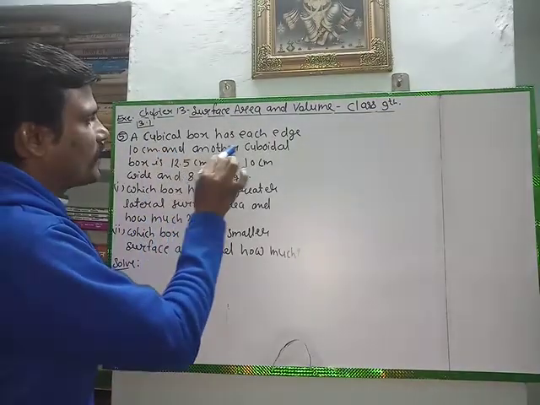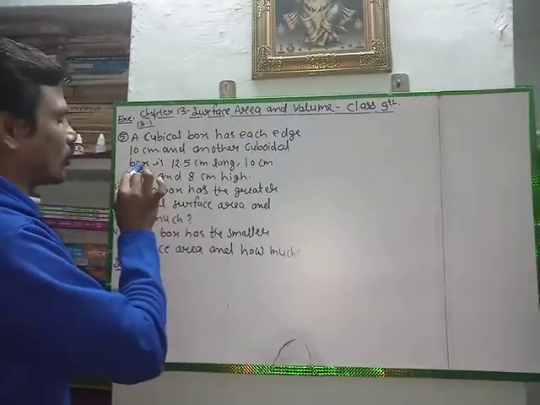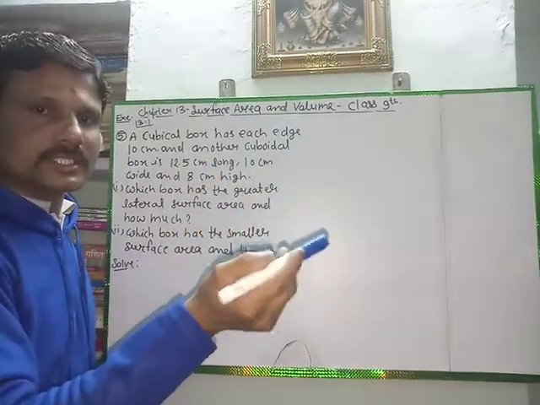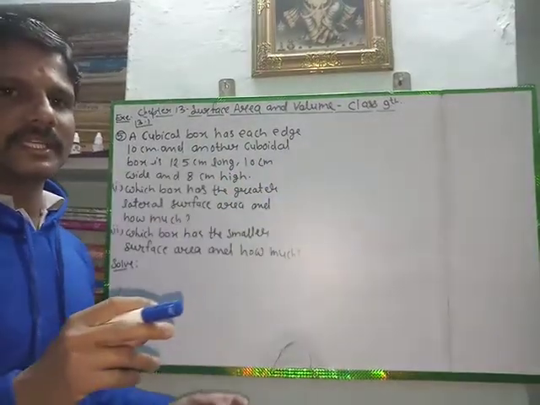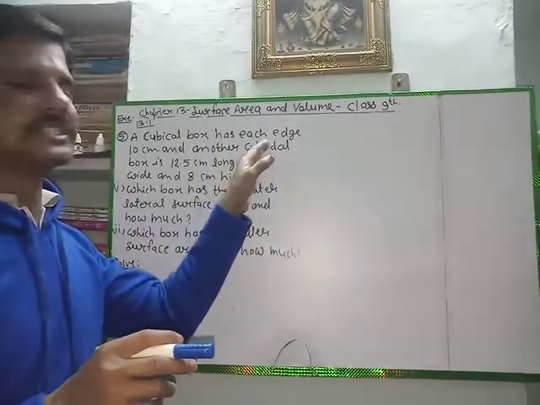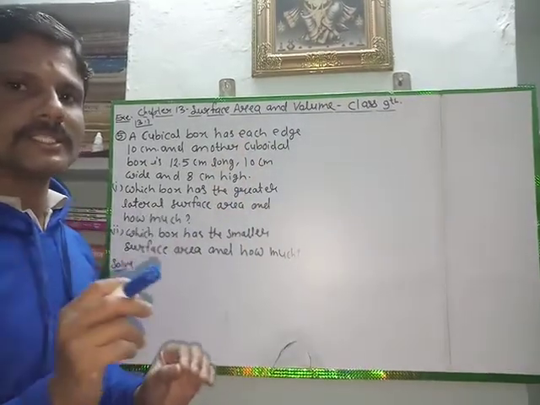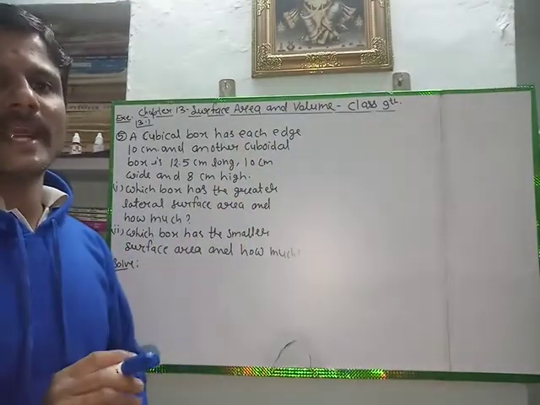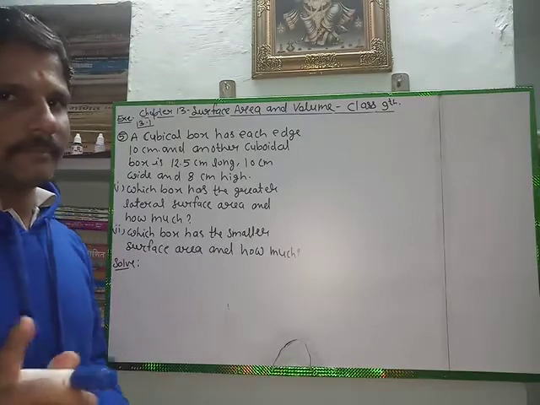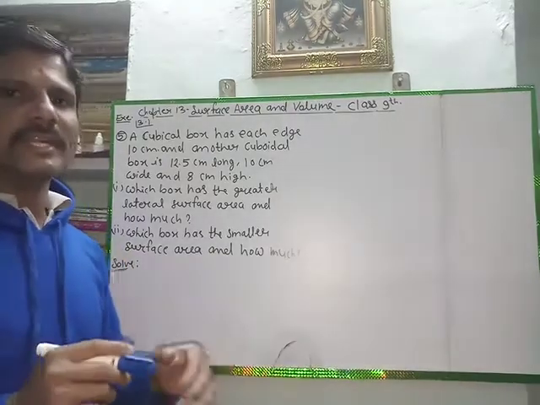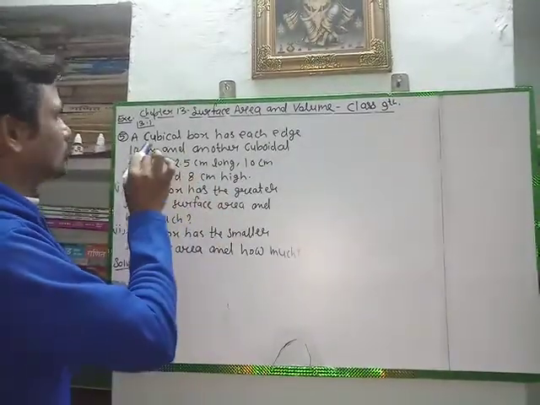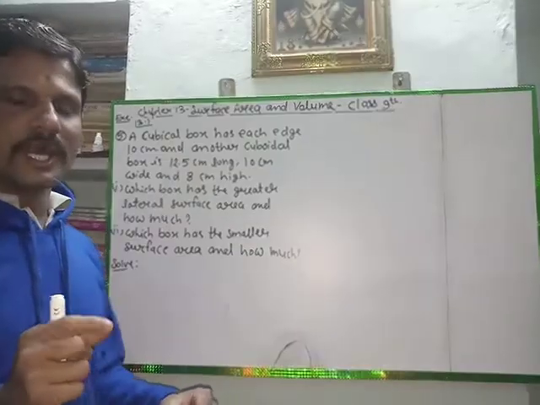And another cuboidal box is given, and the shape of that box is cuboid, means length, width and height are not the same, at least one will be different. ठीक है, so two boxes are given here.